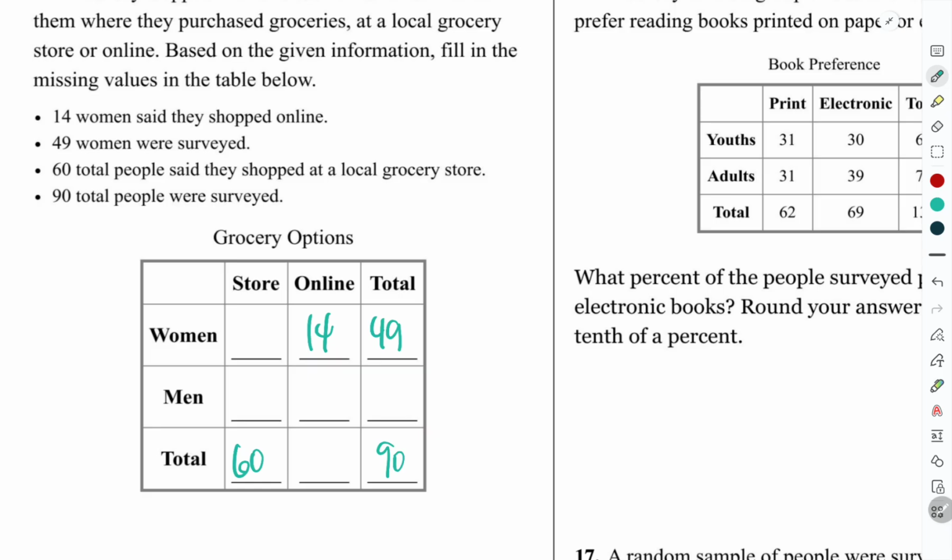From there, I can figure out the rest. Okay, adding and subtracting your way, figuring out the rest of the table.